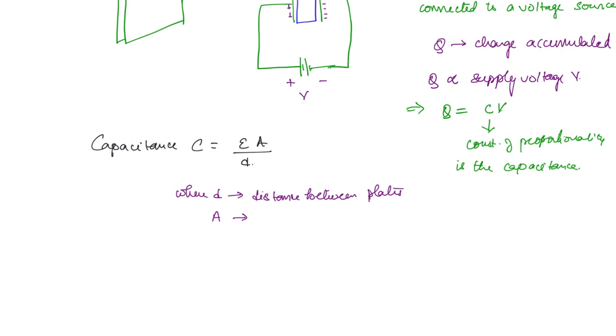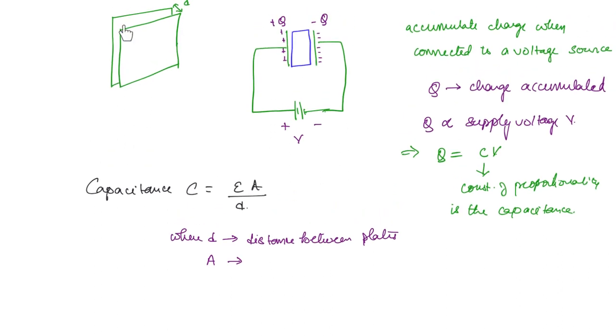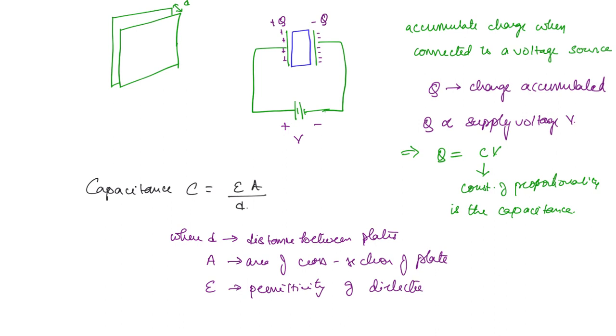A is the area of cross section of the plate. See, this is the plate. The area of cross section of each of the plates will be the same, so the area of cross section of the plate is taken as A. And finally epsilon, this is the permittivity of the dielectric medium present in between the two plates.